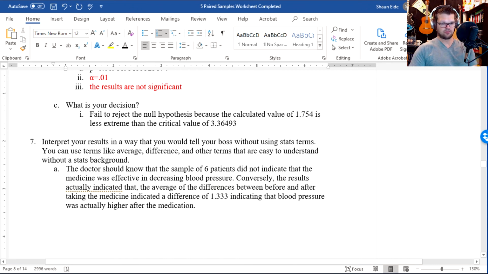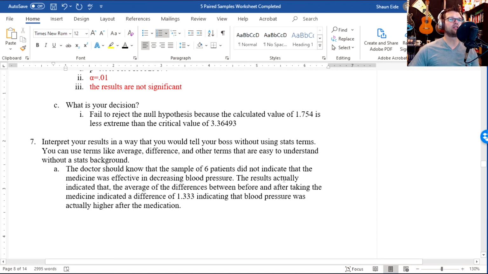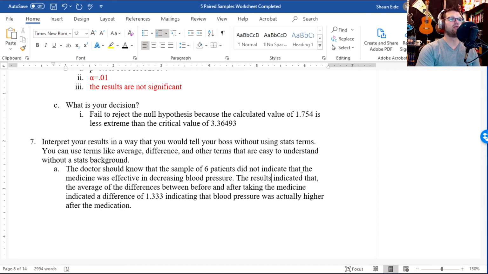So I'm going to say the results indicated that the average difference between before and taking the medicine was a difference of 1.33, but this difference is not enough to be confident that there is an actual difference in the blood pressure before and after taking the medicine.